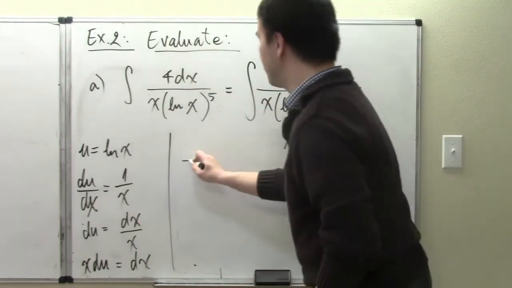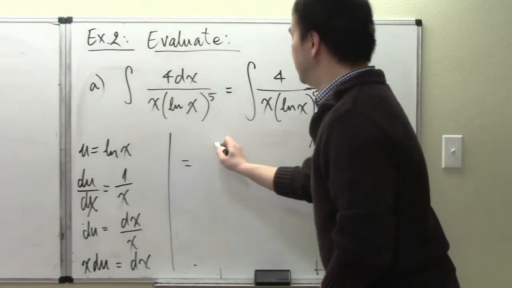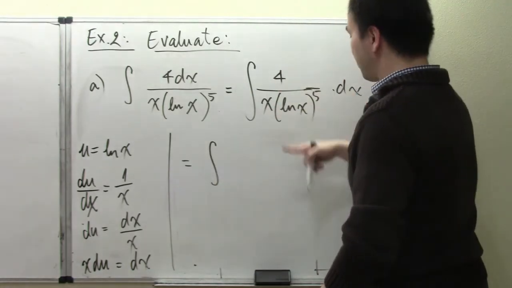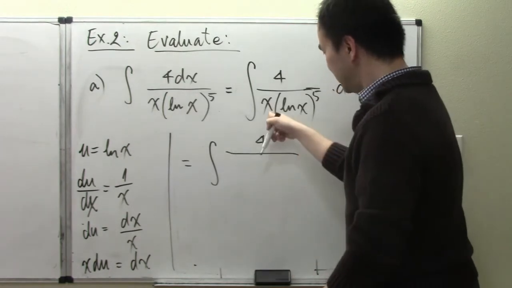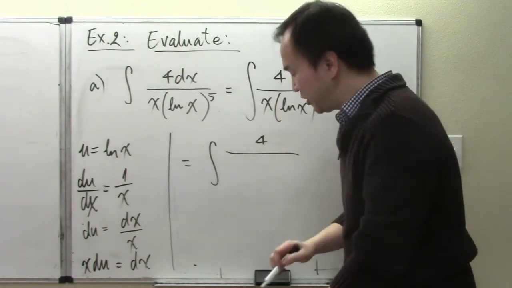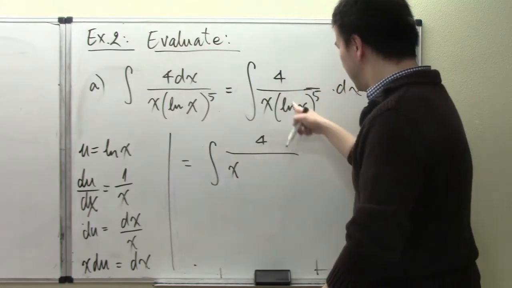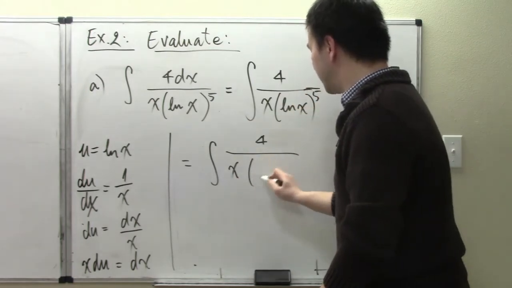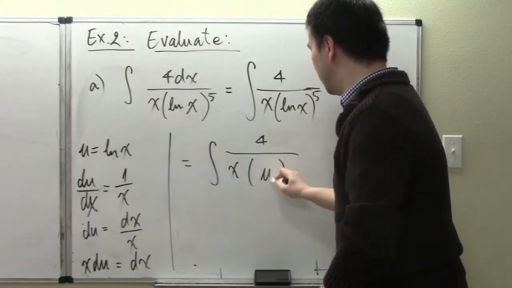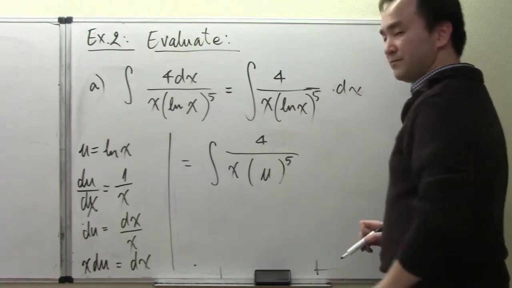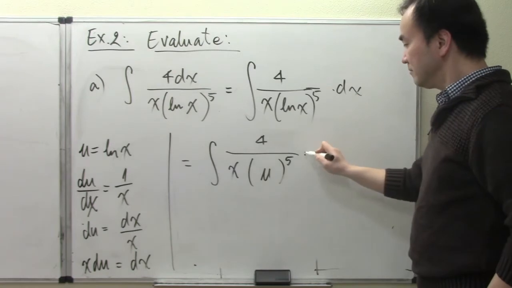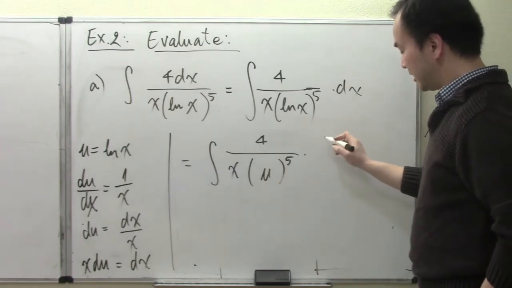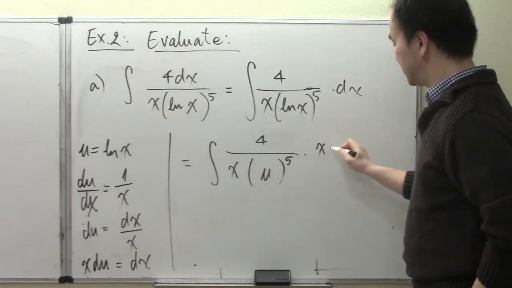So now we are ready for this substitution. In my problem here, the 4 didn't get a substitution. It stays the same. This x did not get a substitution. It stays the same. This natural log of x has now become u to the 5th power. And the dx here is substituted by x times du.